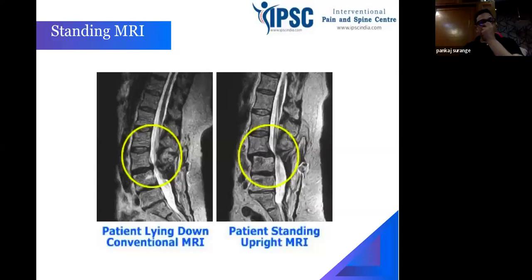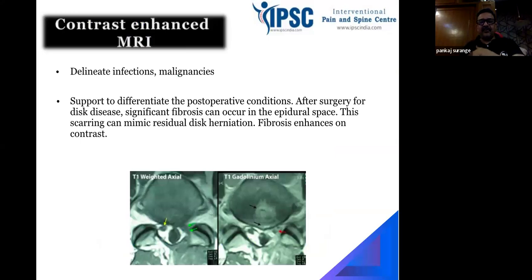Standing MRI, as I mentioned, is not always required. Contrast MRI, when will you order contrast MRI? Whenever you are suspecting any patient who comes with a history of malignancy, comes with back pain, especially dorsal spine pain.